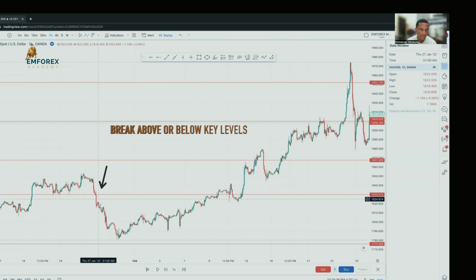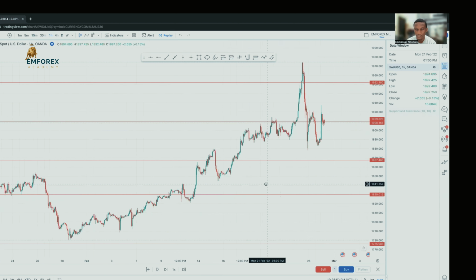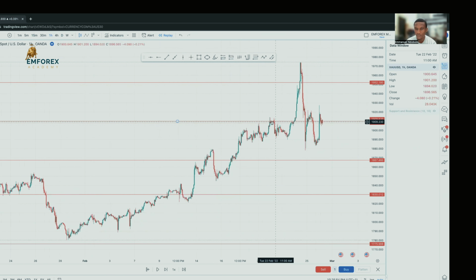We could look to enter and then place our stop loss just slightly above this level. And on reversal patterns, here is also a break. You can look to take this trade up to this next level, and you can look for reversal patterns and also continuation patterns on these various levels.